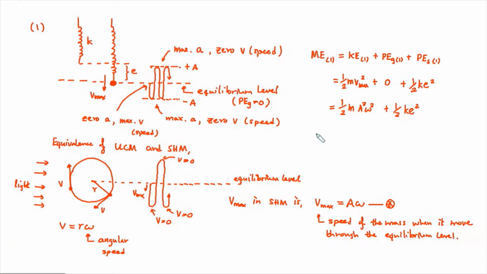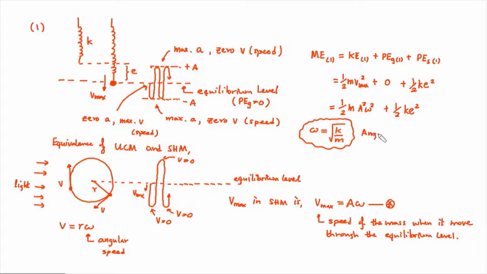For a spring mass system, omega is called the angular frequency, and angular frequency is equal to the square root of the spring constant divided by the mass. So we can then substitute square root of k over m for omega. So this is something that comes from studying spring mass systems.